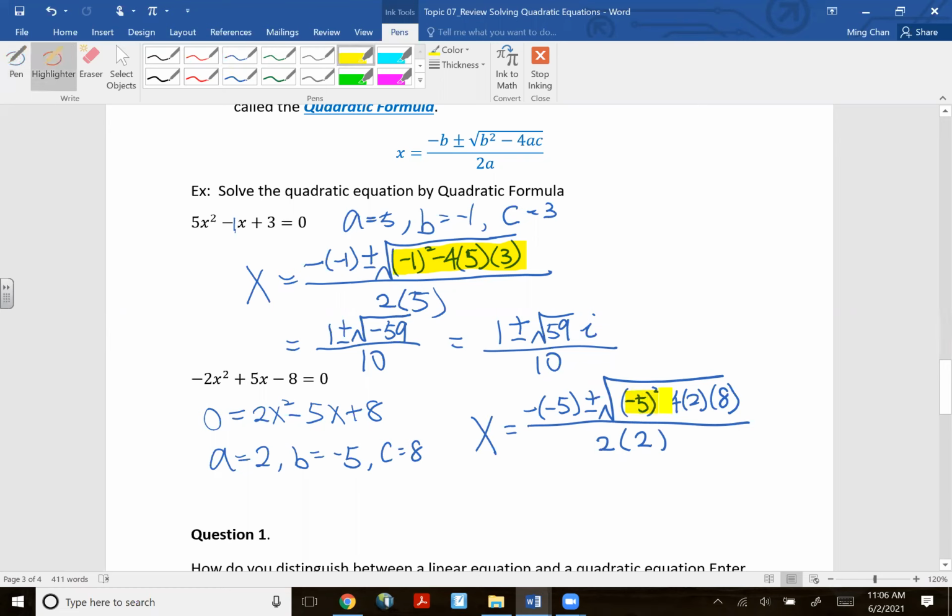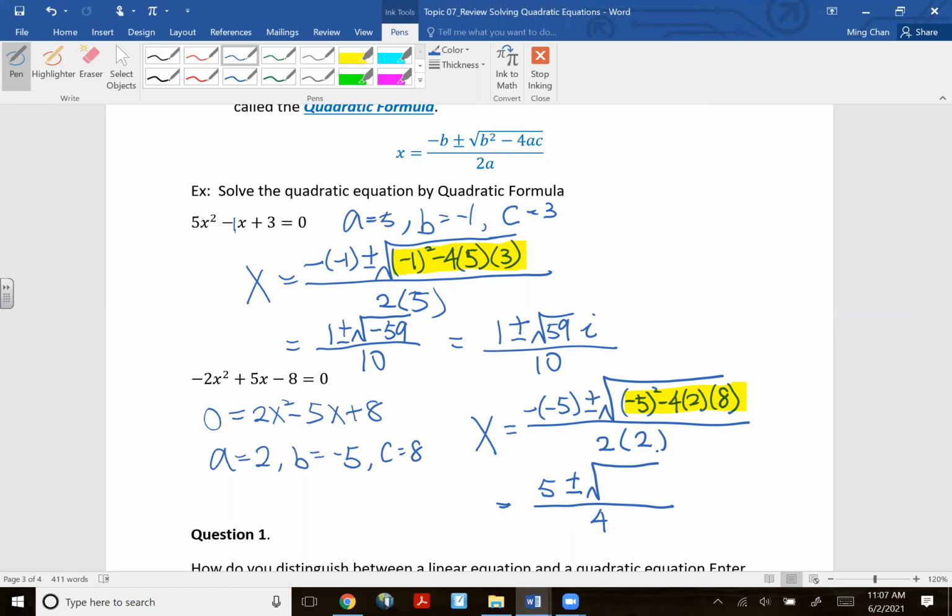All right, we're going to put all this inside the square root into the calculator and see what that is. But on the outside, negative 1 times negative 5 is positive 5, plus or minus, 2 times 2 down here is 4. So let's see what the calculator gives me here. Negative 5, the whole thing squared, minus 4 times the a times the c, which is 8.